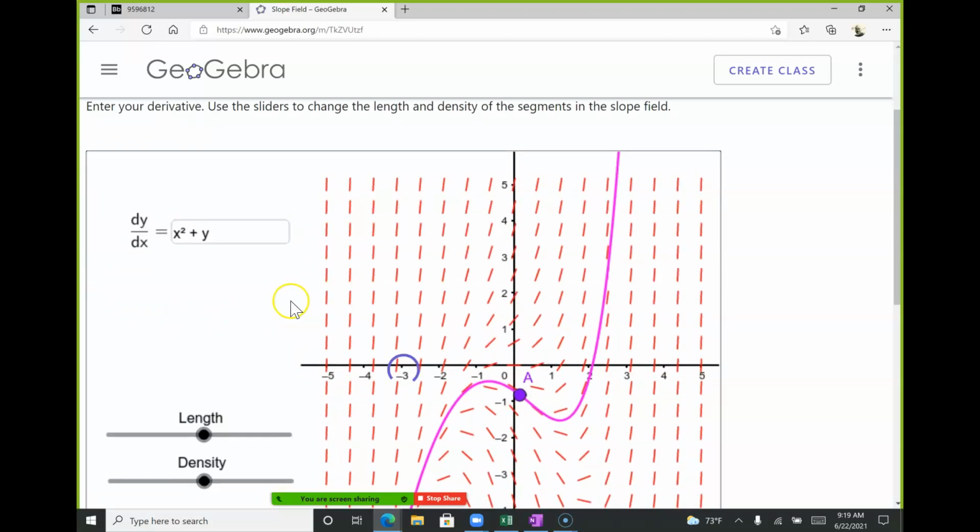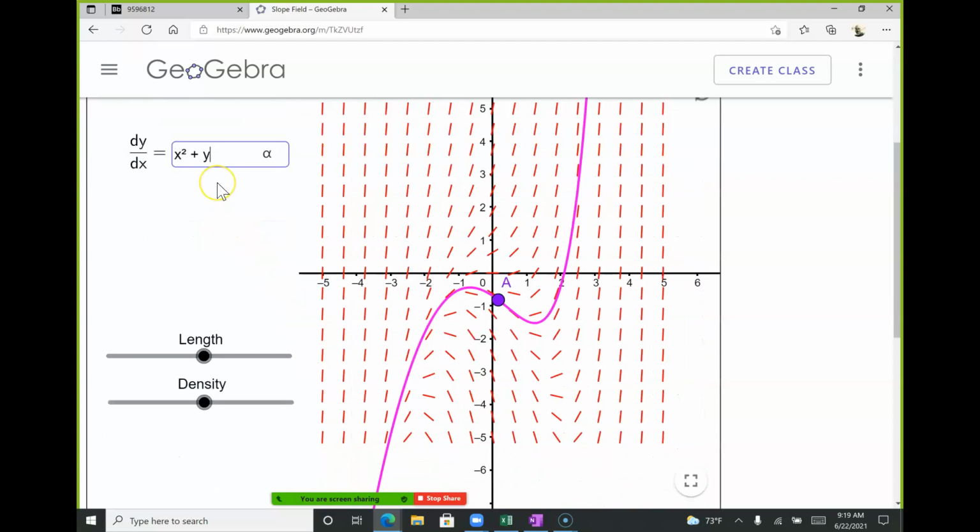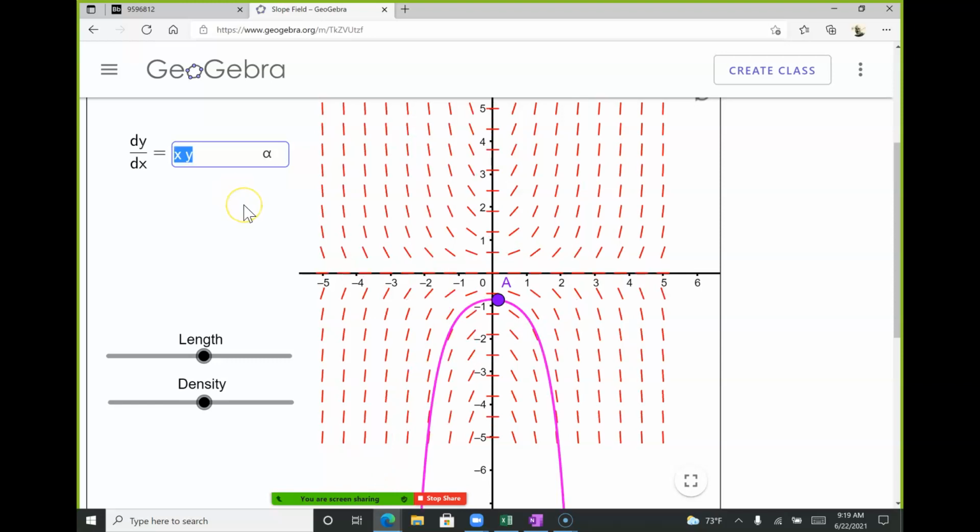But here's my slope field, right? And what did I have? I had x, y, right? And you can see all the horizontals on my x-axis and all the horizontals on my y-axis. So those are the 0, 0 slopes.